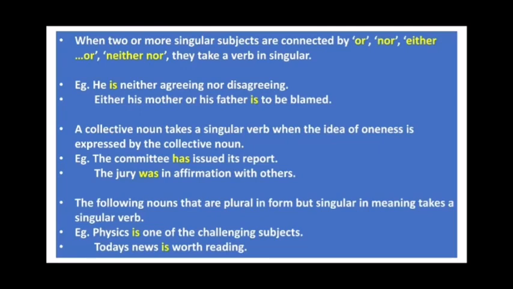So here we have the collective noun, that is a committee, and we have has as the singular verb. Next, the jury was in affirmation with others. So again, jury is the collective noun, and just after that we have was, that is a singular verb.